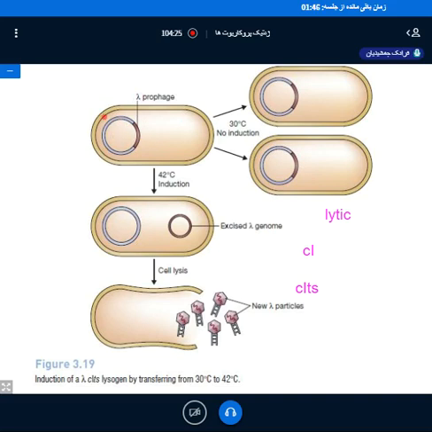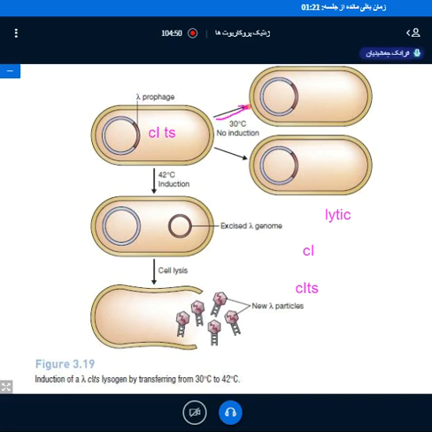So listen here. At first, this is the phage which is C1 temperature sensitive. I told you that the C1 gene is responsible for the lysogenic process.